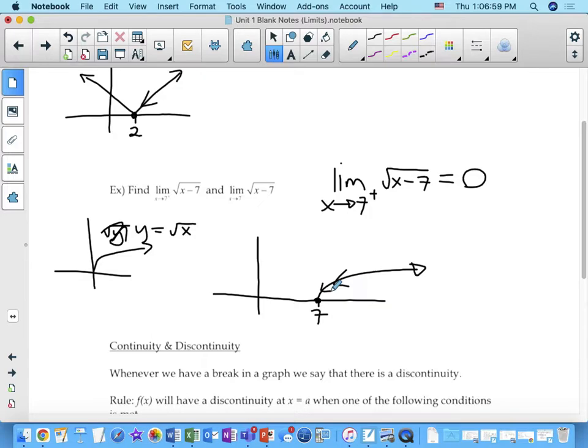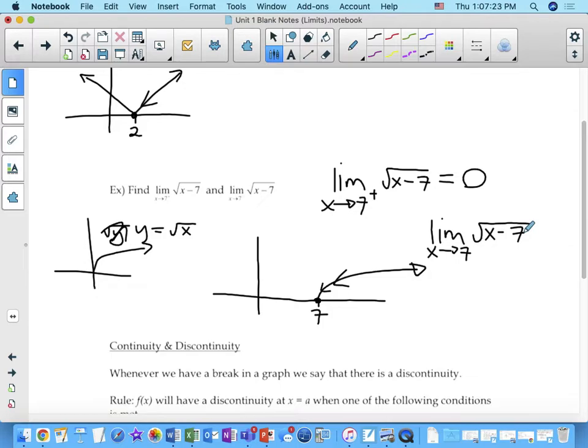Okay. What's the limit as x approaches 7 of the square root of x minus 7? What do you think? Yeah. Doesn't exist.